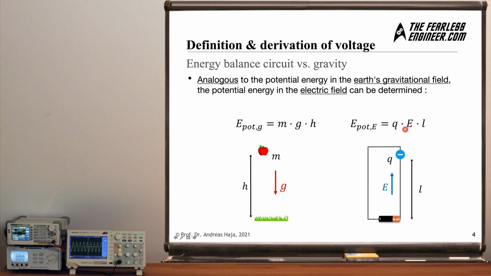So we have a very simple equation here which gives us the potential energy of a charge carrier depending on the magnitude of its charge, on the electric field generated by the battery, and the length over which we observe the motion, for example, from the positive to the negative side of the terminal. And the negative side corresponds to the surface of the Earth, obviously.